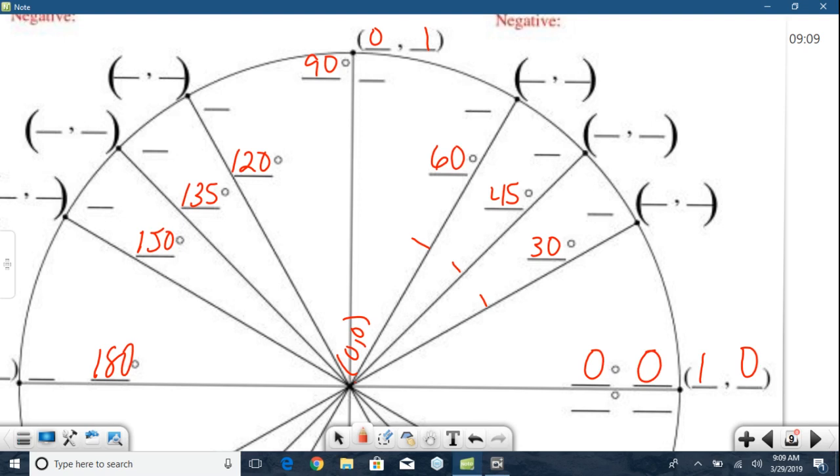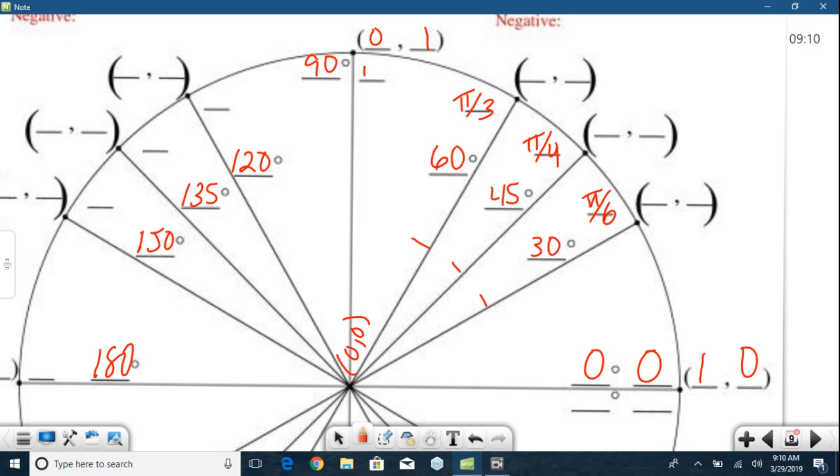Convert 30 degrees to radians. Pi over 6. 45 degrees to radians. Pi over 4. 60 degrees, pi over 3. What did I tell you 90 degrees was? We did these on the graph.